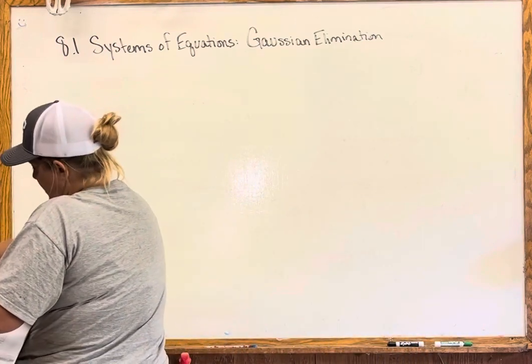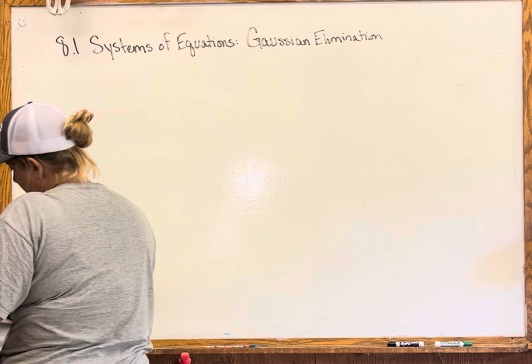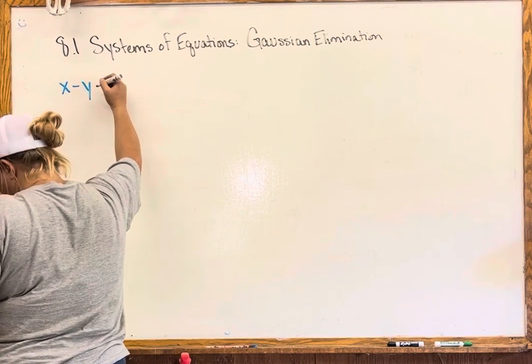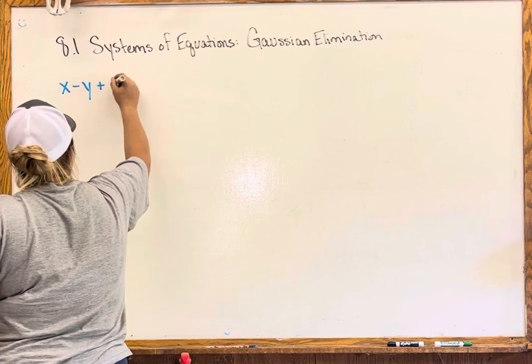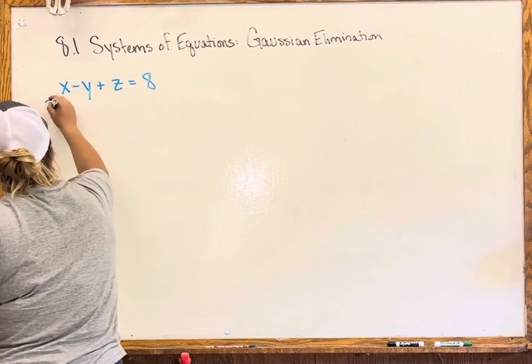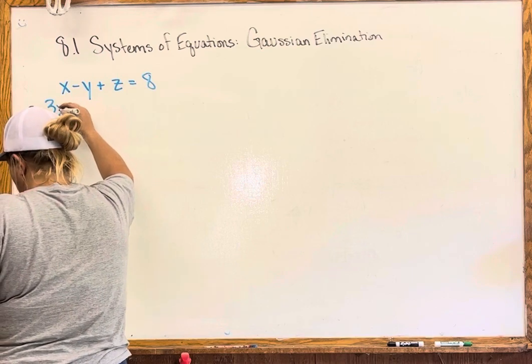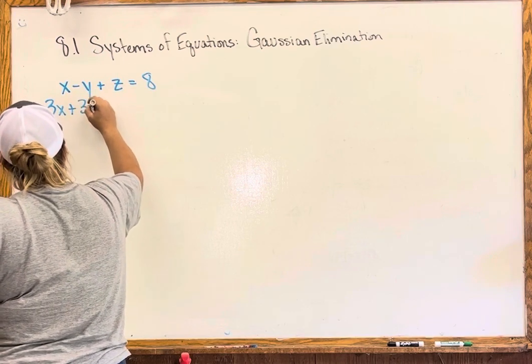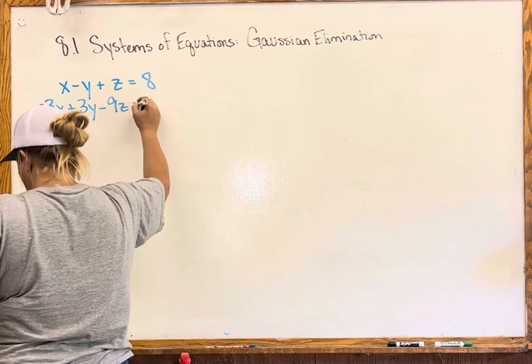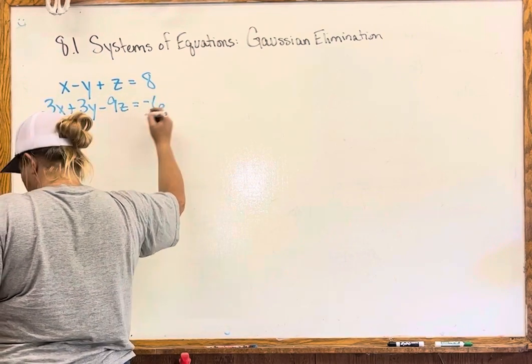So number 22 looks like this. This one says x minus y plus z is equal to 8. 3x plus 3y minus 9z is equal to negative 6.